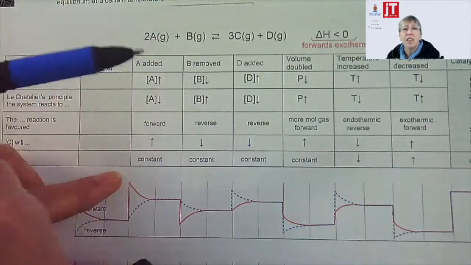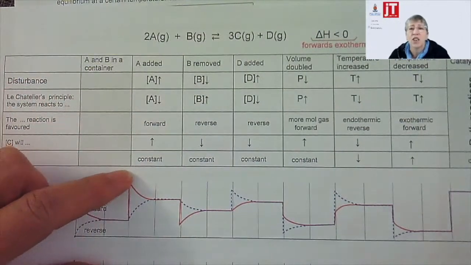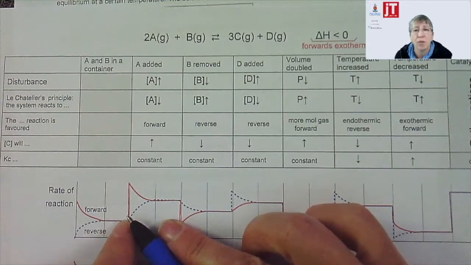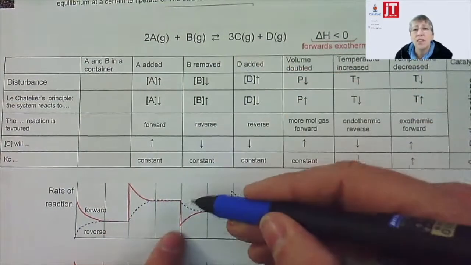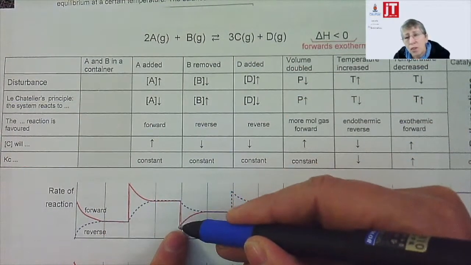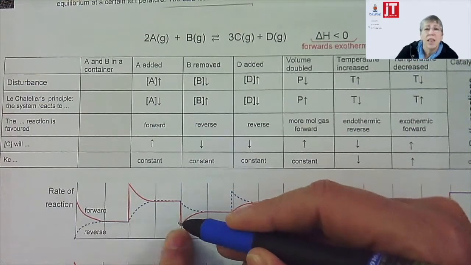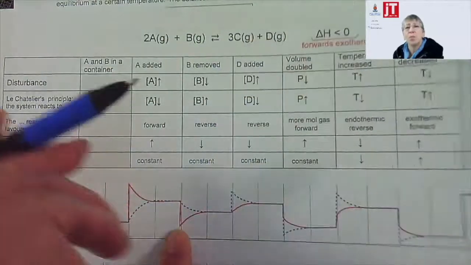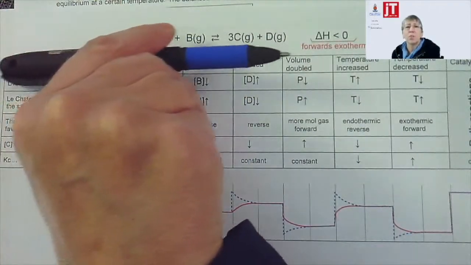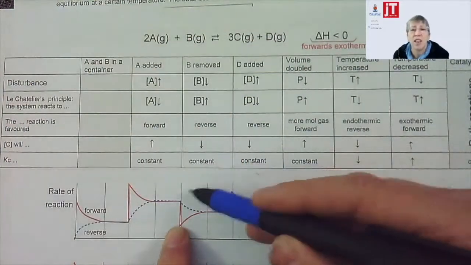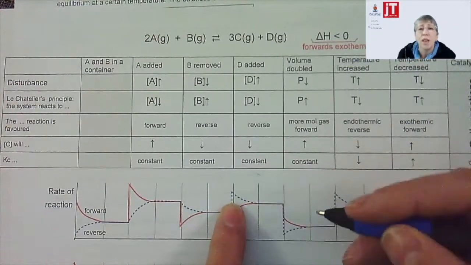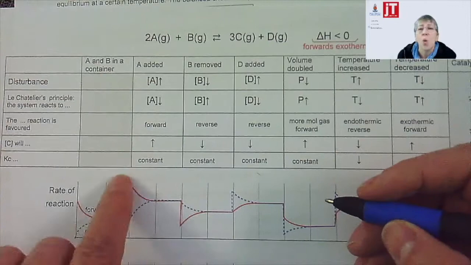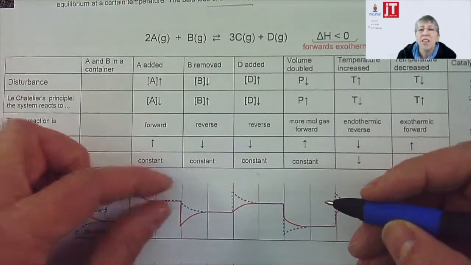I've added A2, that made the forward reaction faster. But at that moment, the reverse reaction was not influenced, right? When I removed something, the rate of one of the reactions was negatively influenced, right? If I remove B, there's not as many particles to do the forward reaction, and then the forward rate dropped.